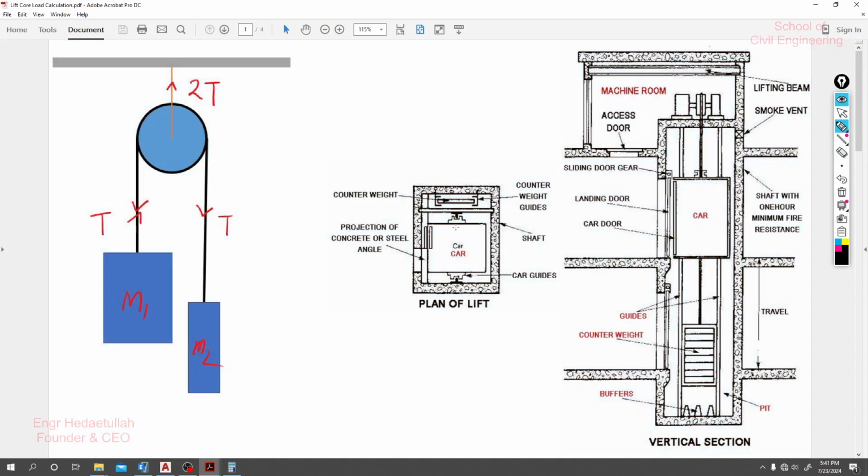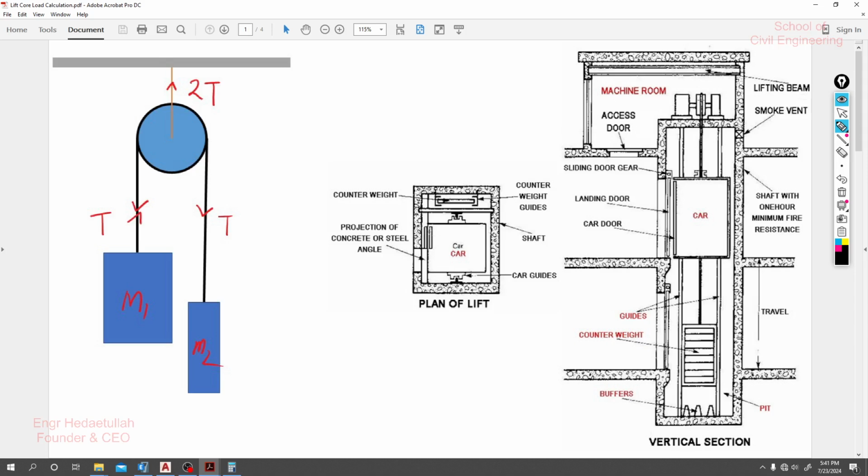Okay, and this is the meshing room. Your meshing access room can be in different ways. Then lifting beam, here also a lifting beam if needed.